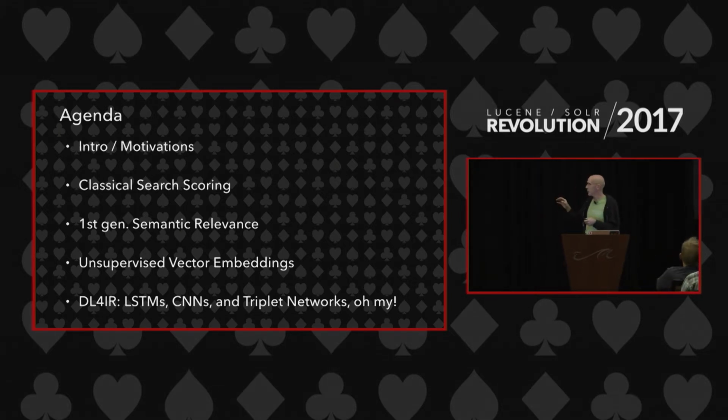And then at the end, where I diverged from my starting point of looking at Word2Vec, into deeper neural models for search ranking. It ends with some more speculative stuff with triplet networks. If we don't get to those slides, that's fine, because you'll see them in the slides later anyway.